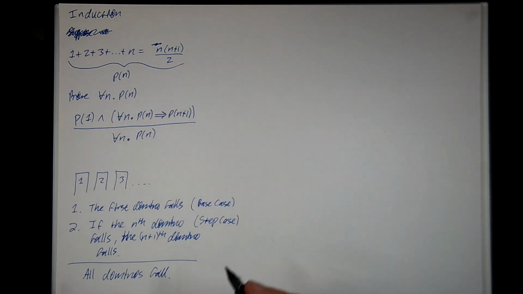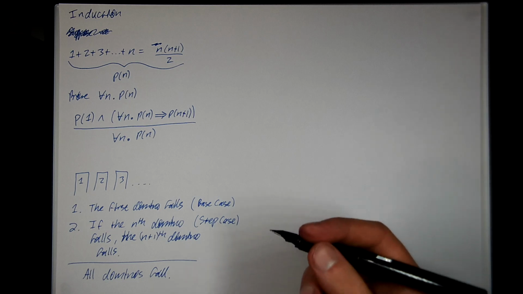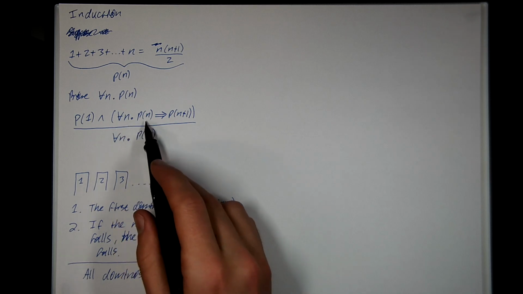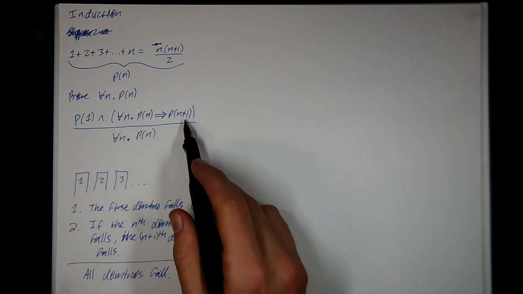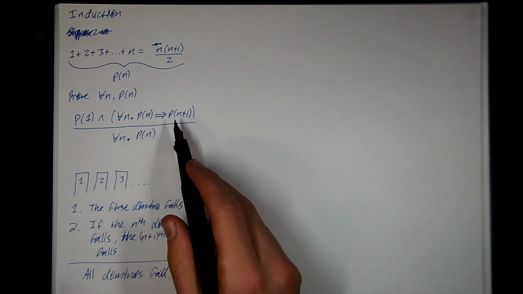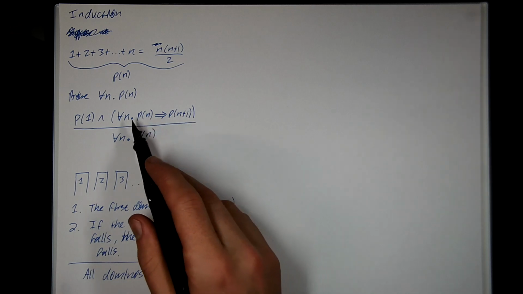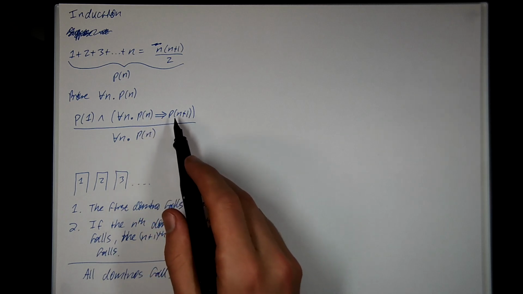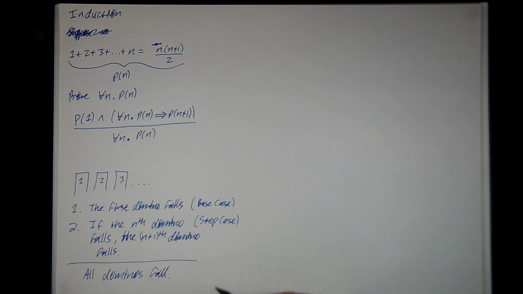So when we want to prove some statement by induction, we have to prove it's true for the base case, which is usually 1, sometimes 0, and we have to prove it for the step case. To do that, we need to prove for every n, P of n implies P of n plus 1. How do we prove an implication? We assume the left-hand side, and we derive the right-hand side. So we assume the left is true for some n, and then prove the statement is still true for n plus 1.